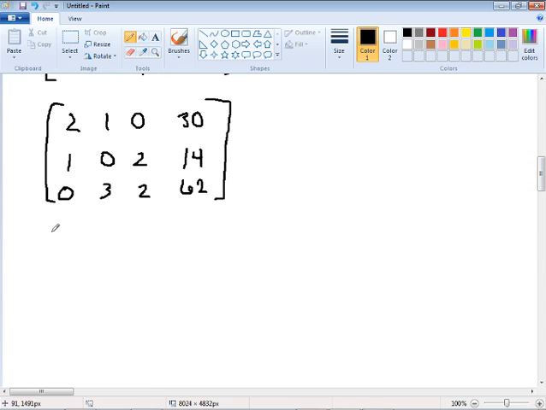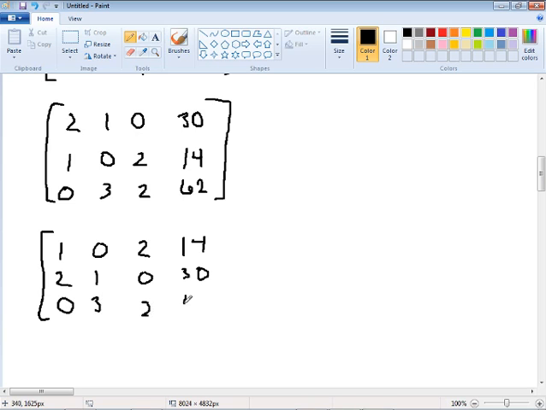So the new matrix is going to look like this. 1, 0, 2, 14. 2, 1, 0, 30. And then 0, 3, 2, 62.